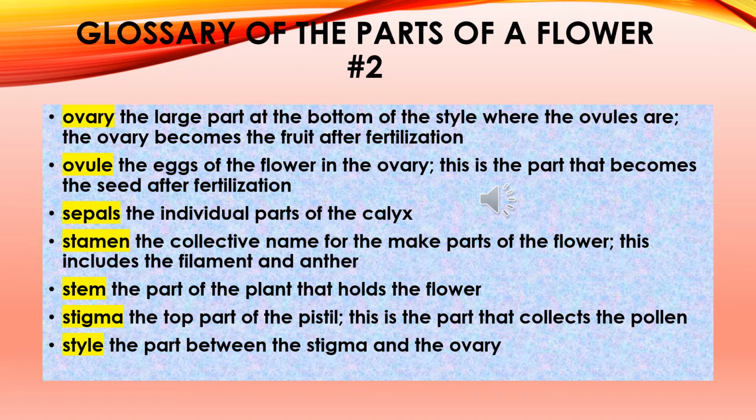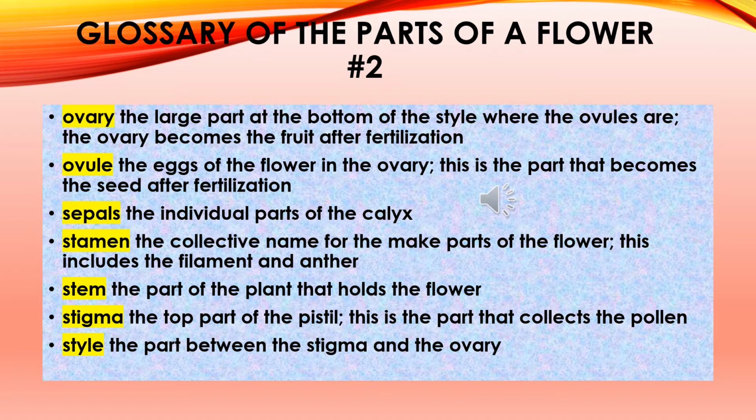Ovule. The eggs of the flower in the ovary. This is the part that becomes the seed after fertilization. Sepal. The individual parts of the calyx. Stamen. The collective name for the main parts of the flower.